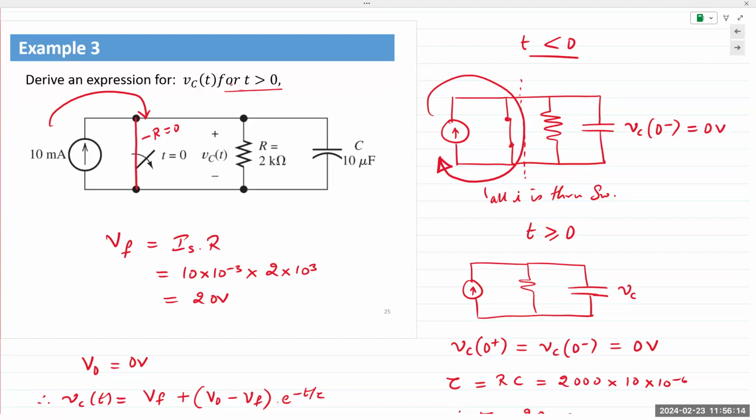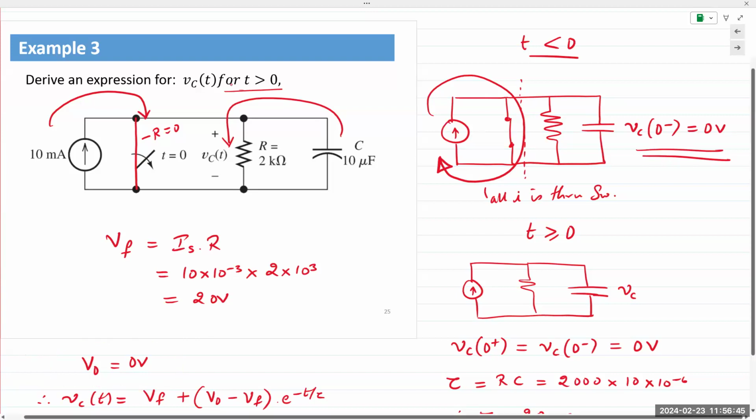Meaning prior to the switch opening, the capacitor discharged through that 2 kilo ohm resistor. Just for us to conclude that the capacitor is completely discharged and VC at 0 minus is equal to 0 volts. It's only to establish the initial conditions. So V0 is 0 volts, which is right here.